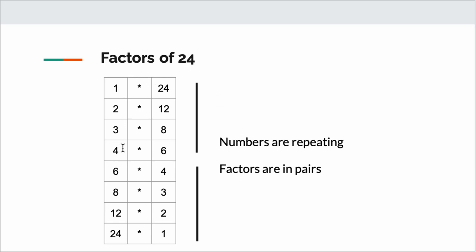So when you see here, up to 4 there are no repetitions, and after 6 the numbers are repeating from the previous part. None of these are unique, right? So why can't we just stop iterating at 4 alone?